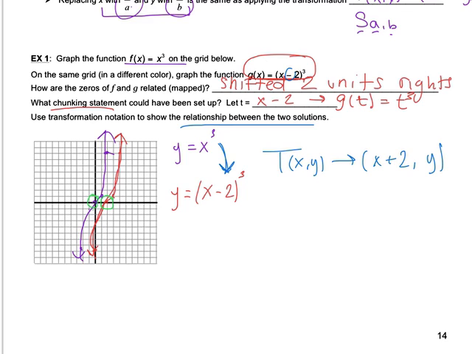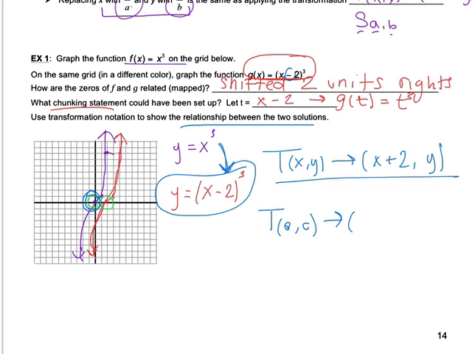So if we want to use this transformation to apply the zeros of our original function to find the zeros of this function, we would write, so what x and y value are we transforming? We're going to transform 0, 0, because that's the solution, or the zero, on our parent function.